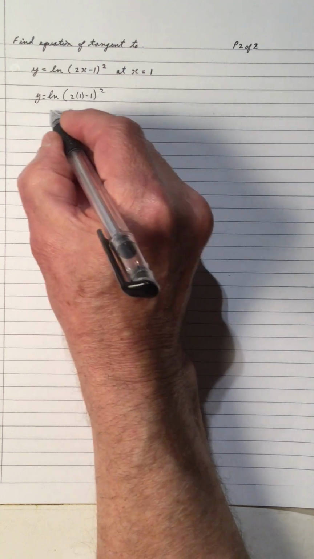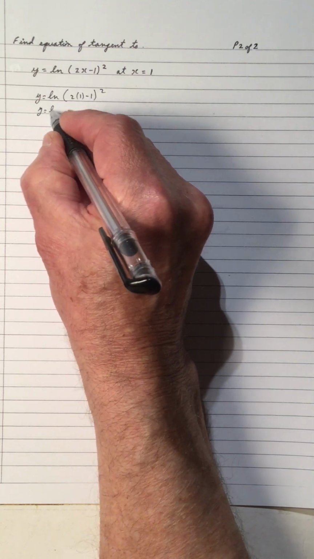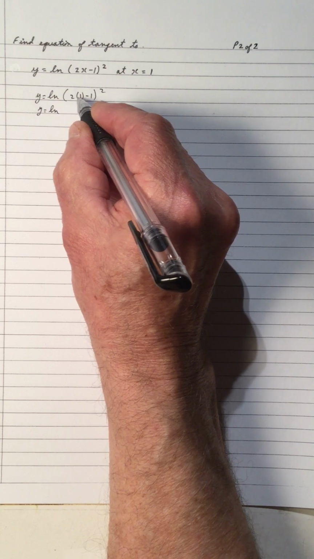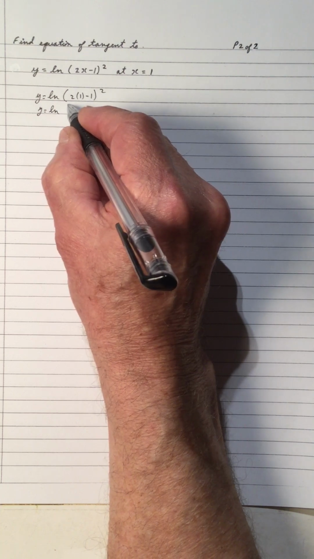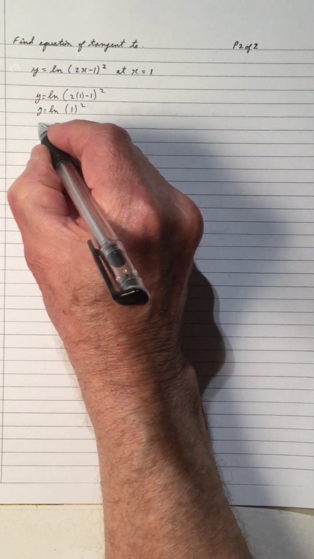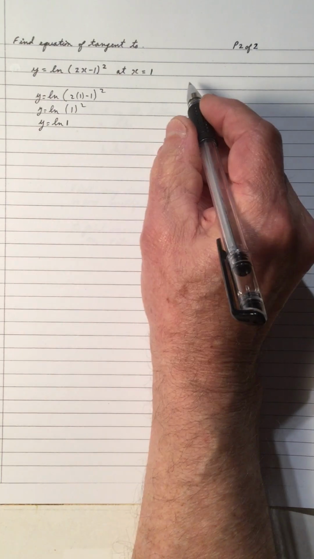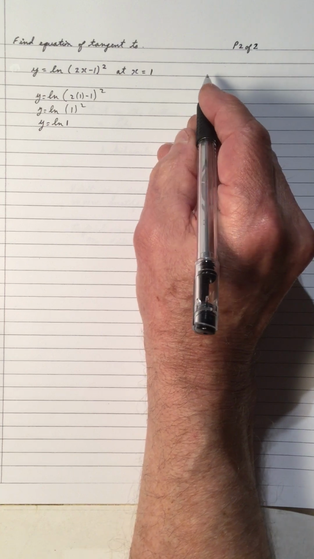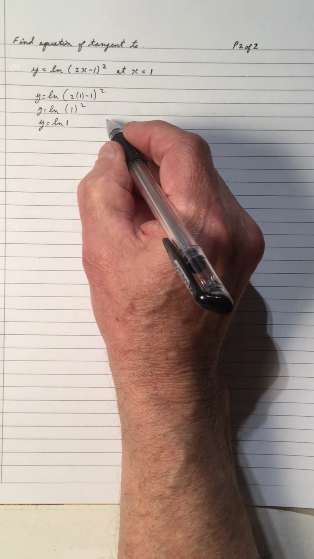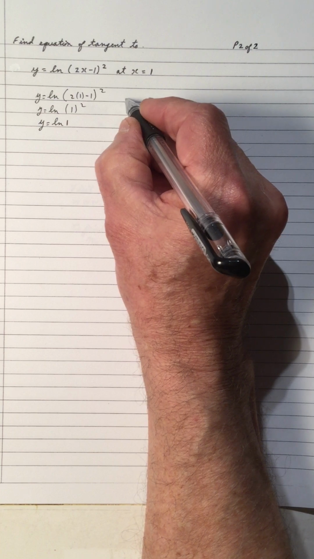Put 1 in, so inside the ln, 2 times 1 is 2, minus 1 is 1, and 1 squared is 1, so the ln of 1. What is the ln of 1? You can use your calculator and find out, but let's do a little explanation.